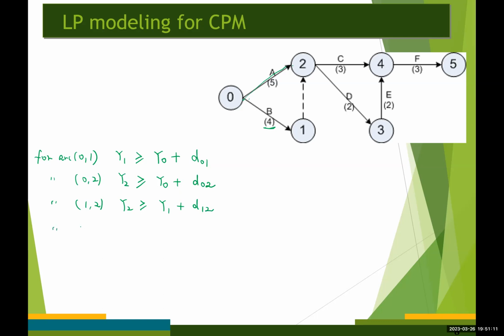For arc 2,3, that's going to be y3 greater than or equal to y2 plus d sub 2,3. For arc 2,4, y4 greater than or equal to y2 plus d sub 2,4.